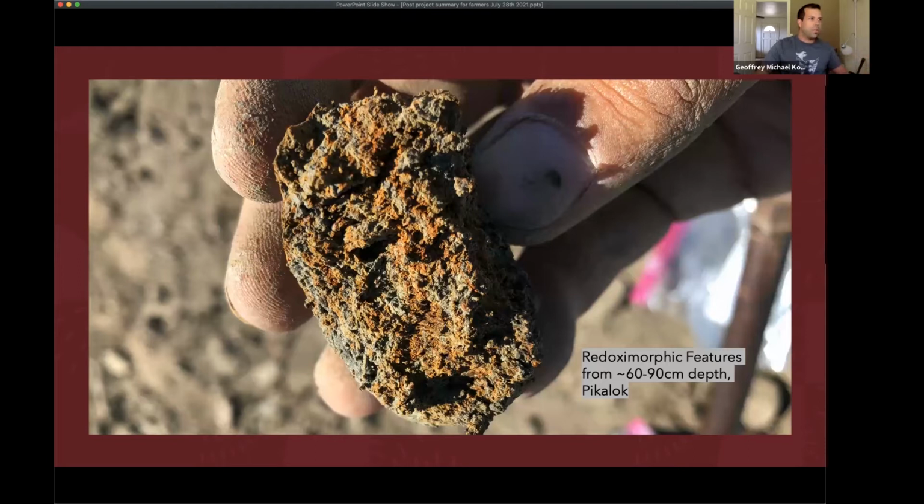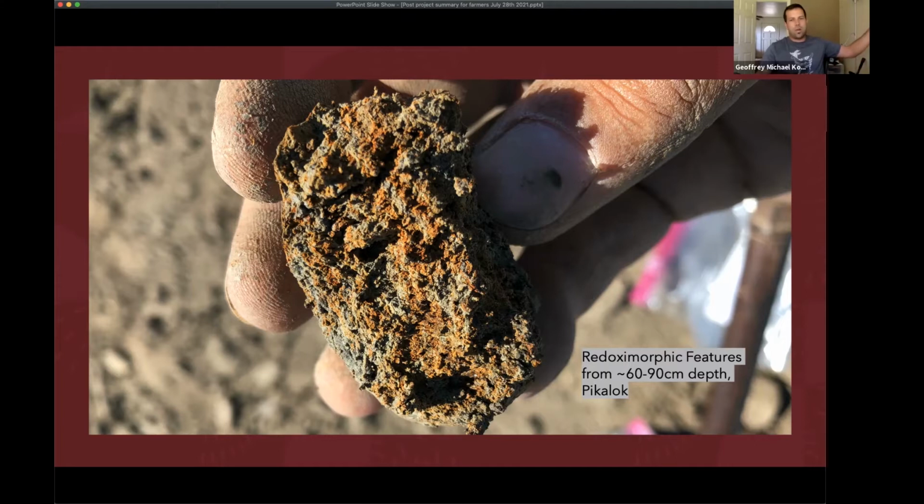These are redox features, redoximorphic features, in the 60 to 90 centimeter depth section. As a soil scientist, what this means is that this layer is flooded for some of the year, and then it dries out. You have these redox features as a result of the water dynamics changing throughout the year.